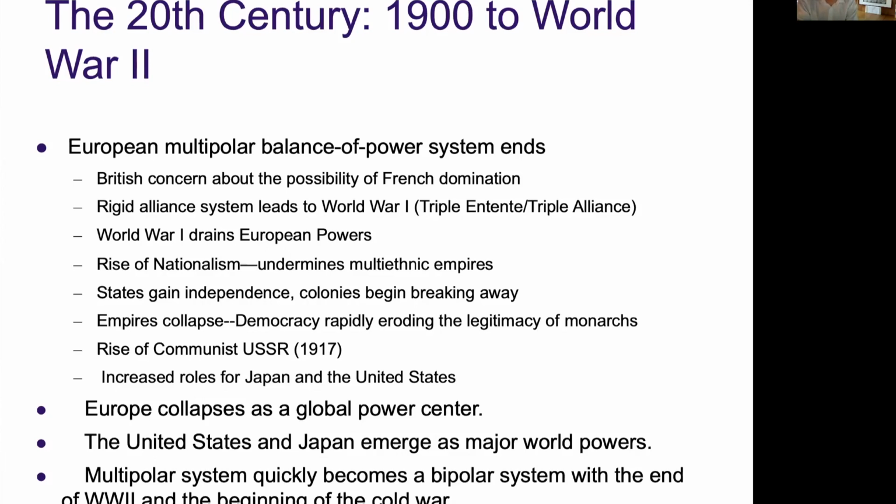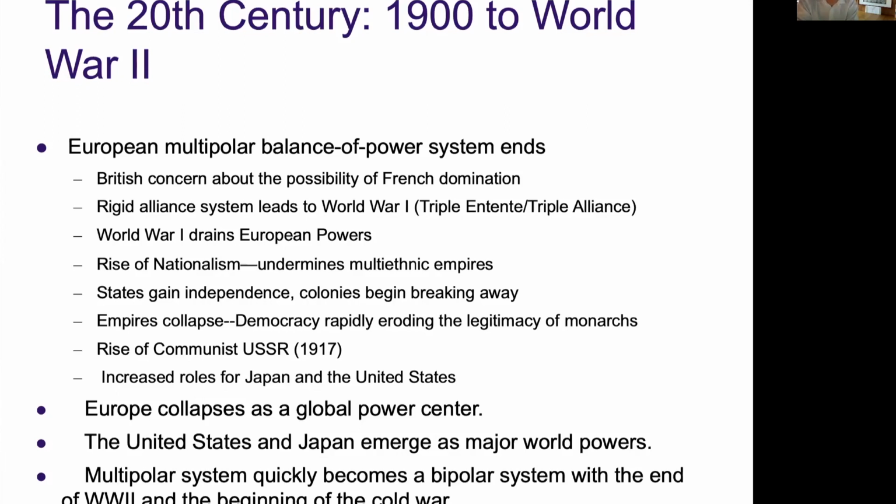They created uncertainty, and this uncertainty also led to other problems. So we had the rigid alliance system leading to World War I, the Triple Entente and the Triple Alliance, the British and the French. But in a way, this alliance wasn't really very stable.